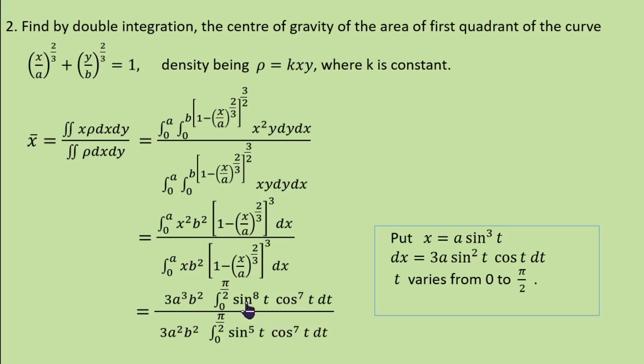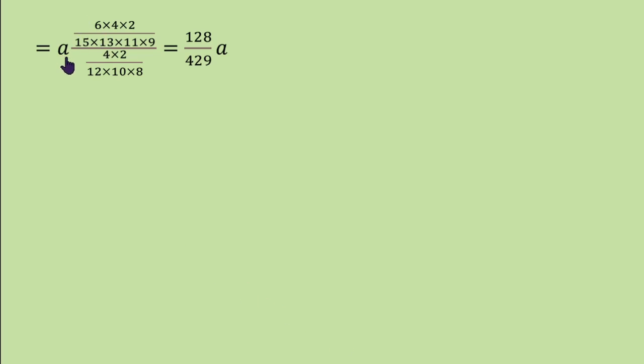And then sum of these two is 15, here 12. Denominator you start with 15, numerator is 7, 5, 3, 1, here 6, 4, 2, and one of them is odd, no pi by 2. Here denominator 12 and 10 and reduce 2 to 2. Here 5 minus 1 is 4, 4, 2 and so on, 6, 4, 2 and so on. Therefore, the first term is a, constant term is a, and then denominator start with 15, 13, 11, and so on, 11, 9 and so on.